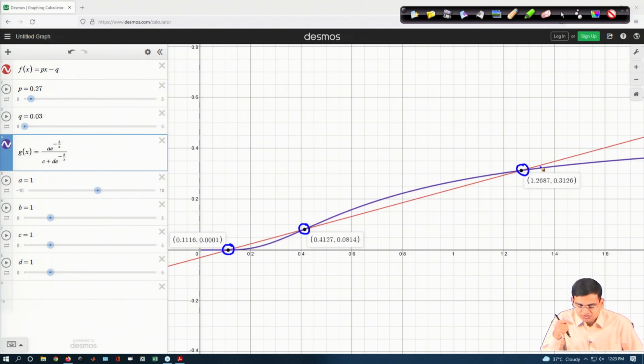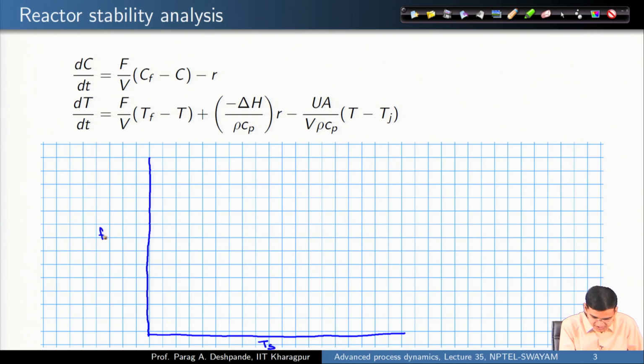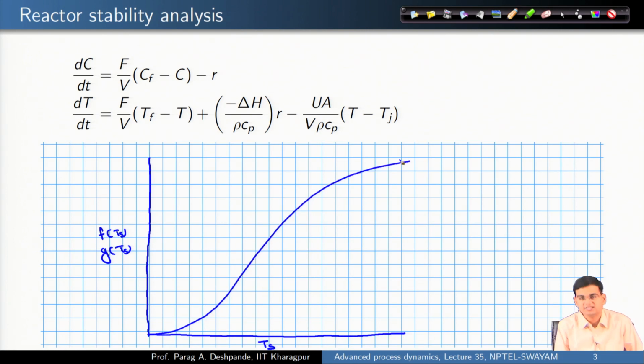Okay. So, now if I draw the general trend of this equation here, what I see is this. So, this is steady state temperature, this is function f of steady state, g of steady state. One of them is a straight line, I know, but the other one looks like this.